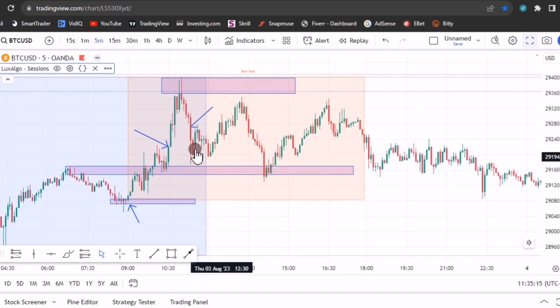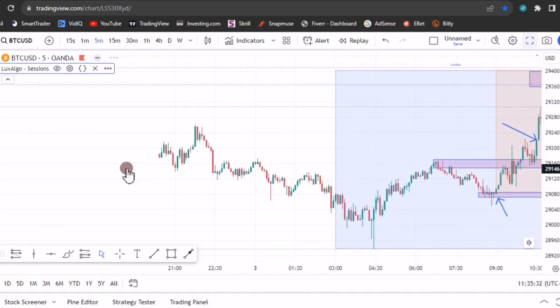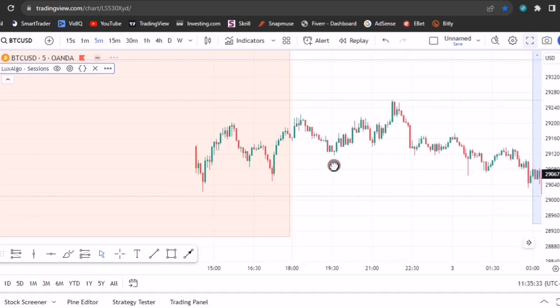And then price ranges right here. It didn't close. Remember, you have to see candles following each other, which didn't happen. Price ranges until it is outside of New York, so there was no trade. Easy.